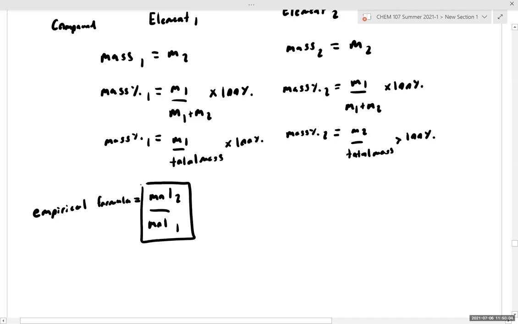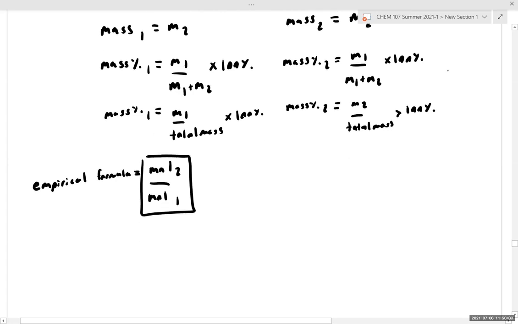let's take a look at what we have and show how we can calculate the moles. Well, we know that the moles of element 1 can be calculated from the mass. So I can take the mass of element 1 over the molecular weight of element 1, and I can calculate moles easily from that.